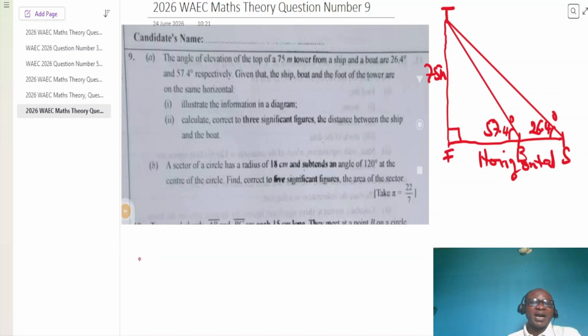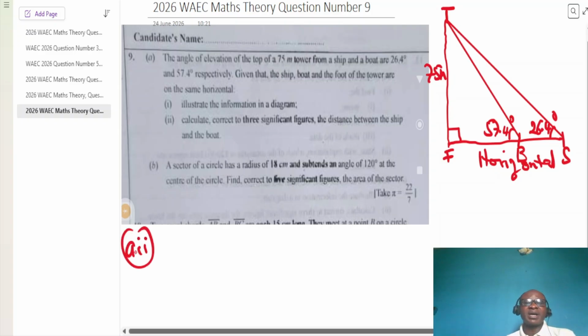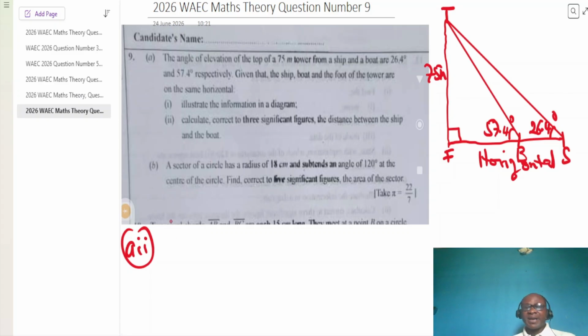Now, the calculation at AII. We are asked to find the distance between the boat and the ship. Going by this logic, I will use tan theta.